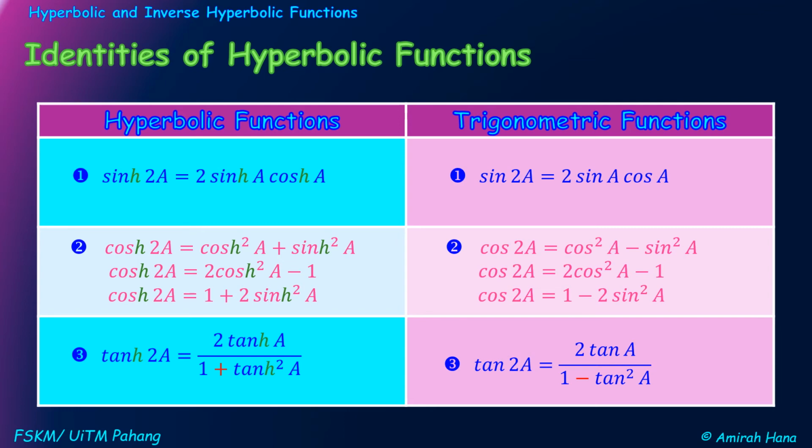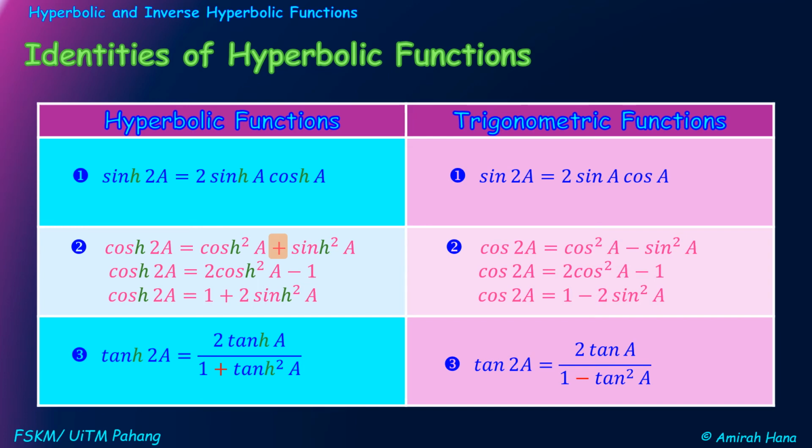Okay, formula number 1, we have sinh 2a equals 2 sinh a cosh a. It's similar to trigo function, but we have h for hyperbolic function. Alright? And then formula number 2, which is cosh 2a. When we compare, for cosh 2a in terms of cosh and sinh, we must use positive sign here.